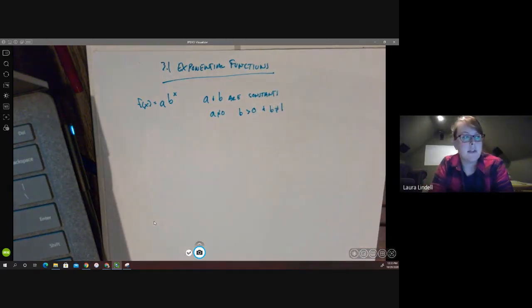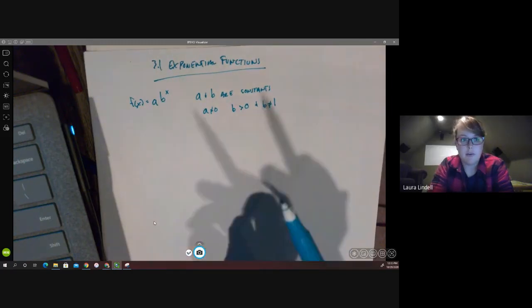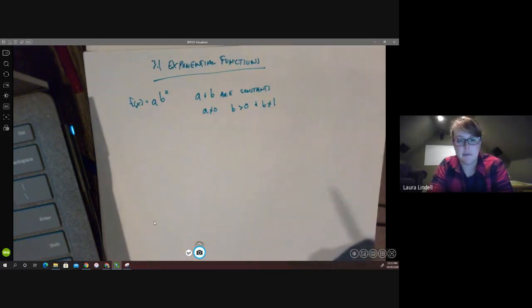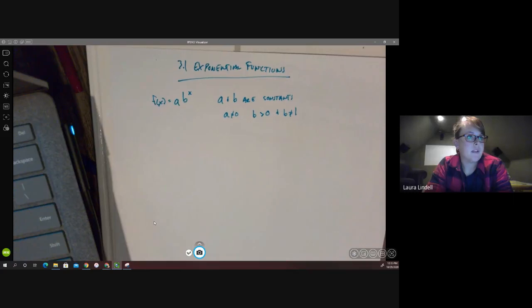Because if b was 1, 1 to any power is 1, so that doesn't count as an exponential function. So b has to be greater than 0 and not equal to 1, and a has to be not equal to 0.